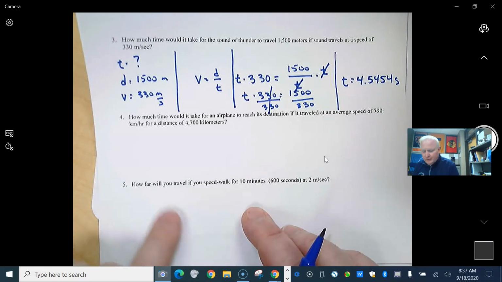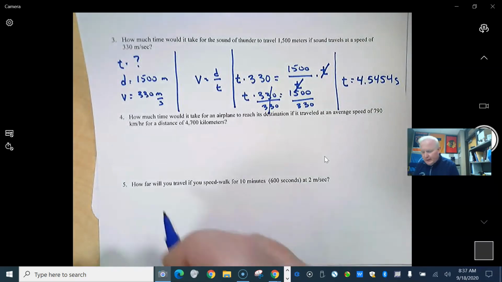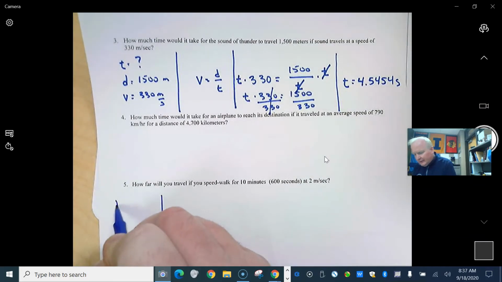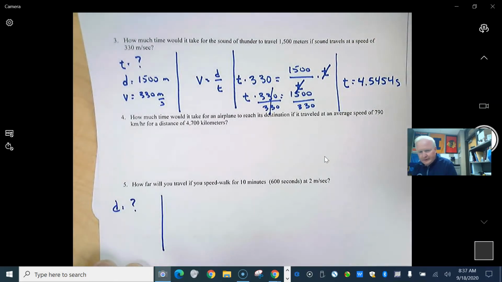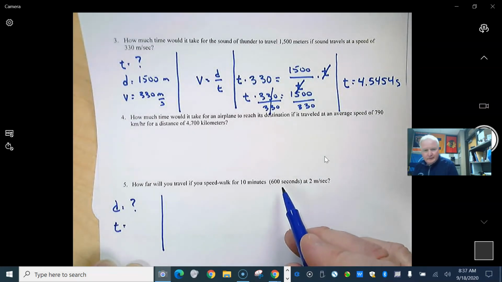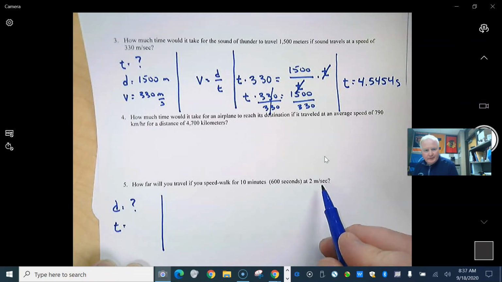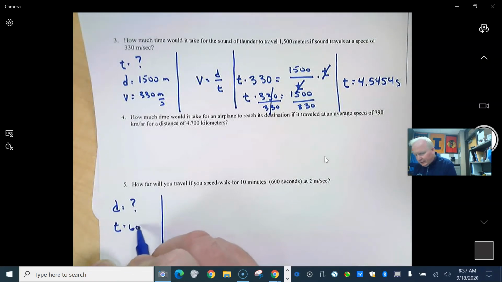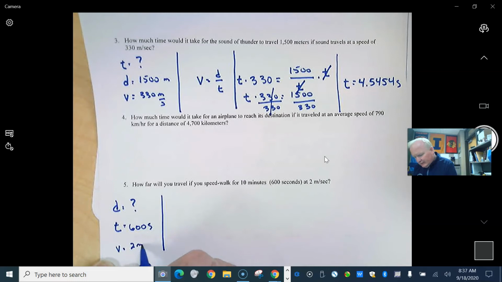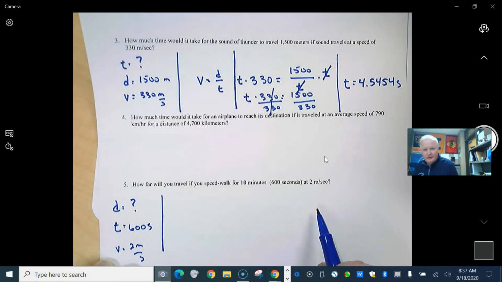And therefore, when you do the 4 columns and you're writing down what they ask us, D equals question mark. T. Well, they give us 10 and 600. Okay, and since they're going to give us a velocity in meters per second, we're going to have to use the 600 seconds. Right? And then the velocity is 2 meters per second. Okay, and then you go forward from there. All right.